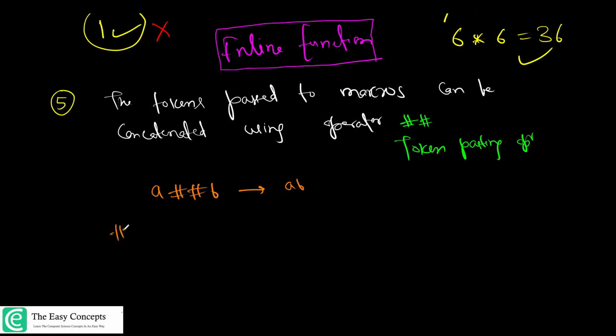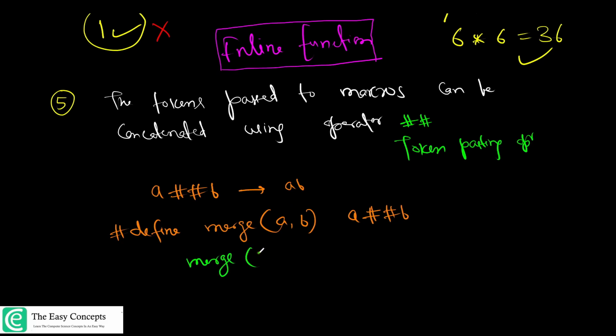So you can define something like this: hash define merge a b, and then you can write a hash b. And if you pass something like this, merge 1 2 3 4, it will become 1 2 3 4. So this is the use of the token pasting operator.